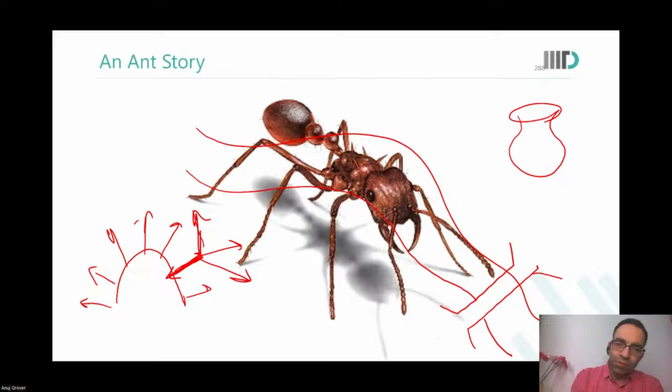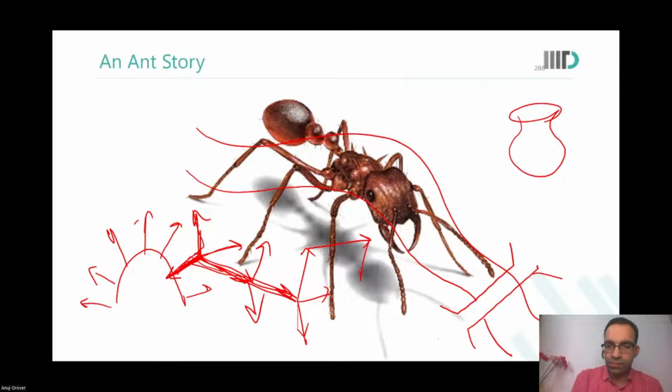Again, nothing found, come back. Then the other ant goes out and checks in the vicinity. Again, no success. The next ant comes and starts to search. Next ant comes, starts to search, and so on.